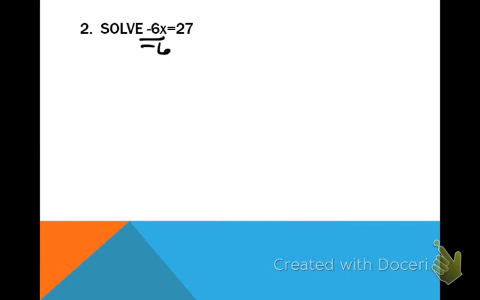And again, to make sure that the next equation I come up with is equivalent to the first one, we've got to do it here as well. That's how you make equivalent equations.